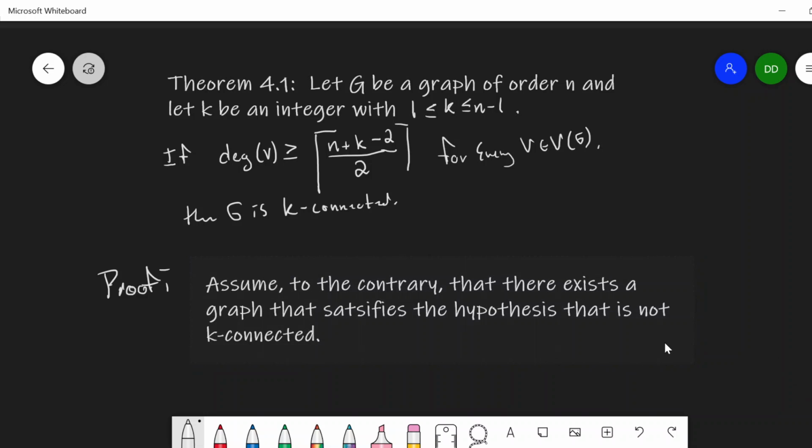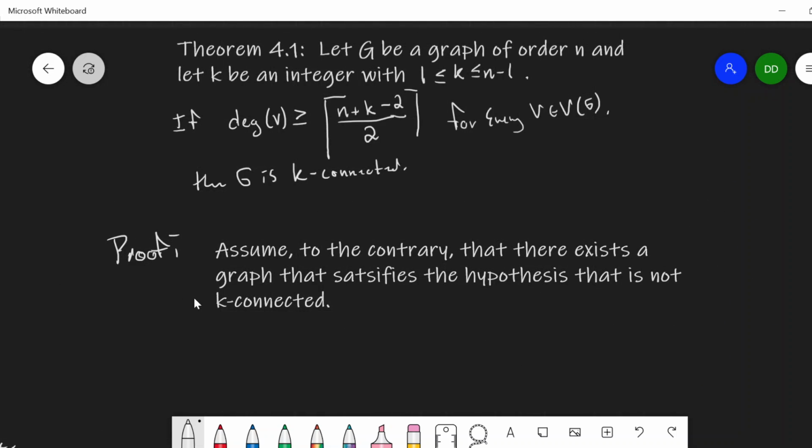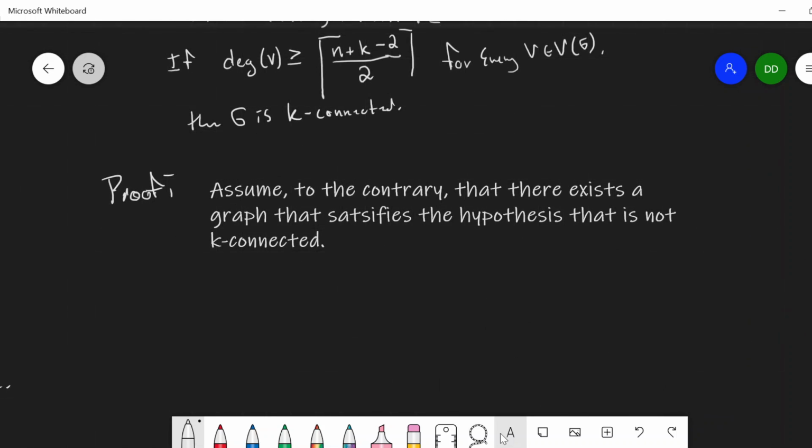Remember, k-connected means that the removal of any fewer than k vertices leaves a connected, non-trivial graph. So if it's not k-connected, that means there's a cut set of cardinality k minus 1 or smaller that does not leave a connected graph.